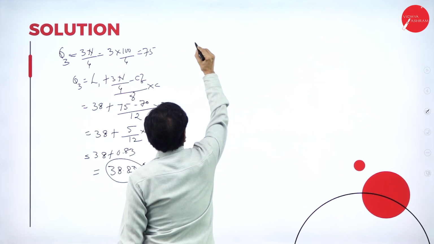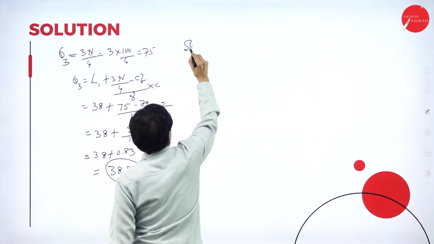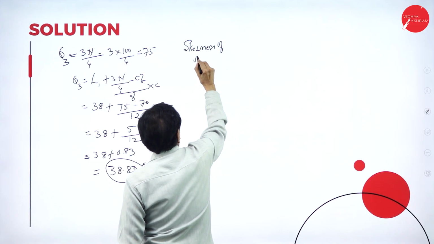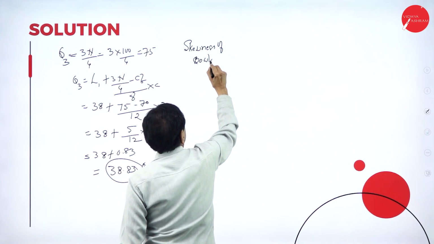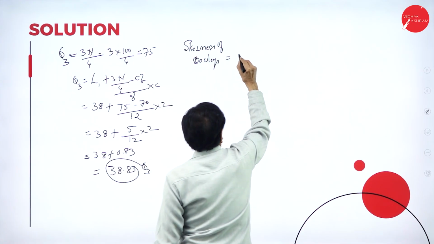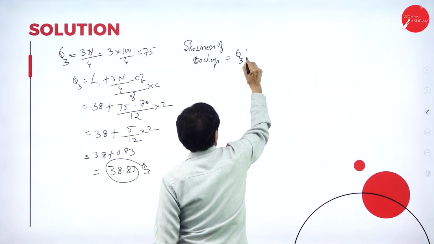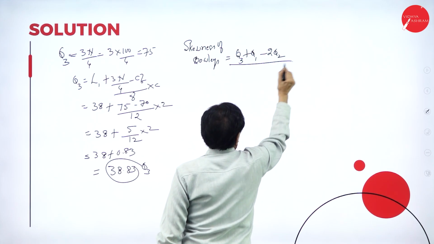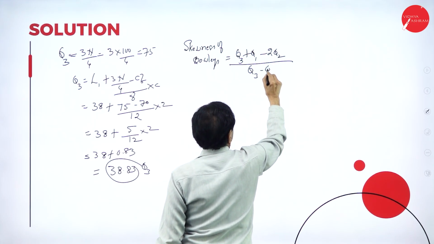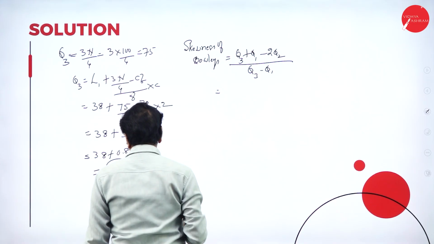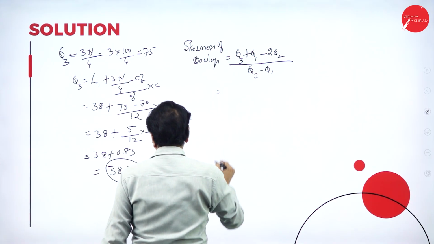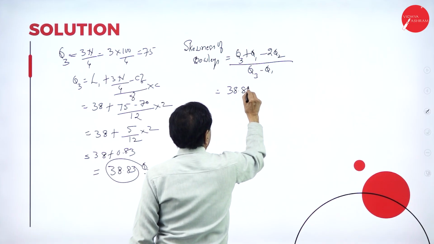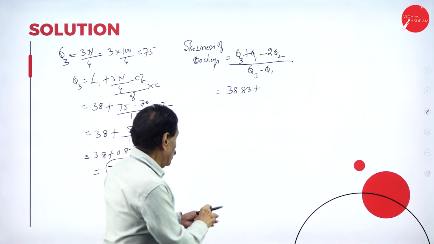Then skewness of Bowley is equal to Q3 plus Q1 minus 2Q2 divided by Q3 minus Q1. What's your Q3? 38.83 plus what's your Q1?